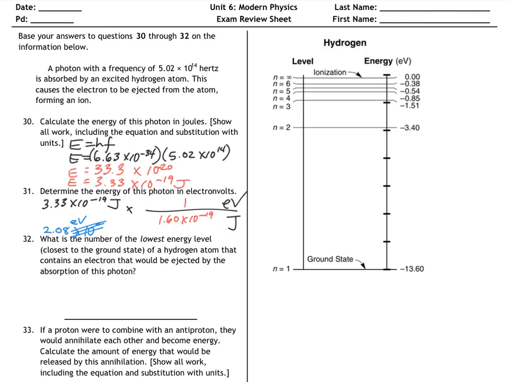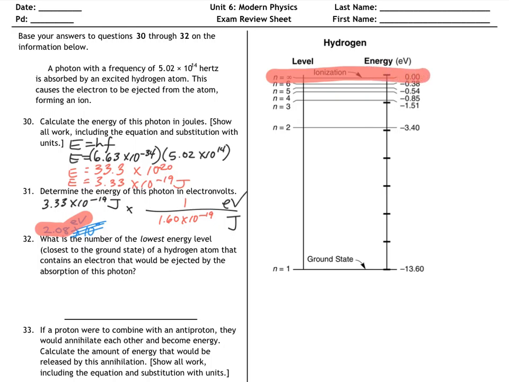And then in the last question, you have to remember that this electron was being ejected by the atom, and it didn't tell us where it was starting, but we do know that it's only gaining a possible 2.08 electron volts, and we have to get to ionization.